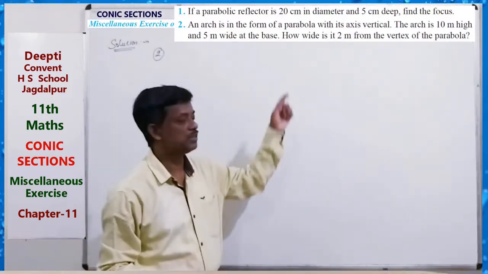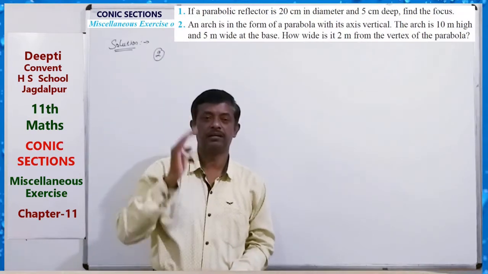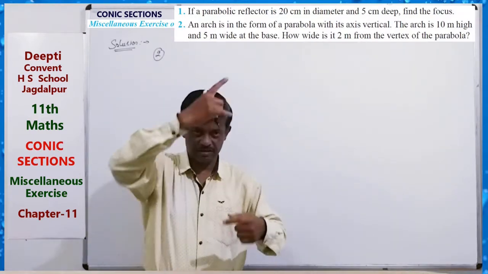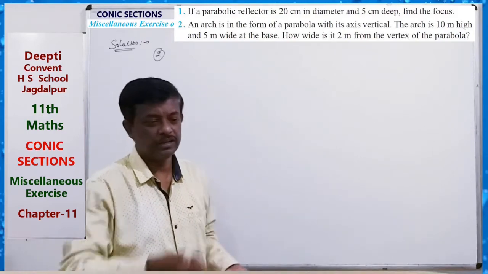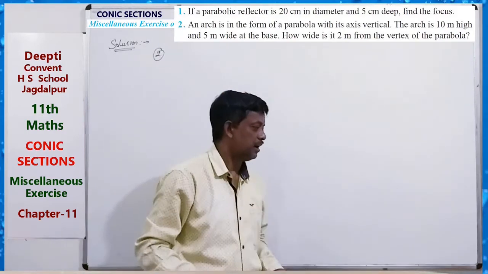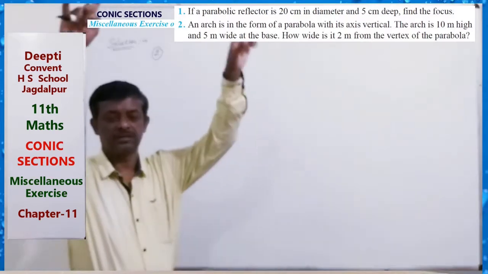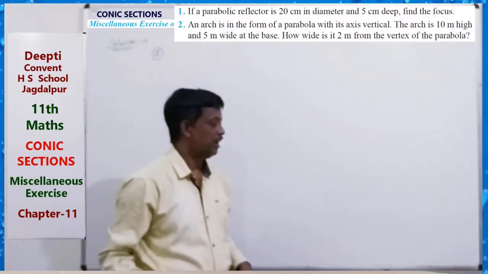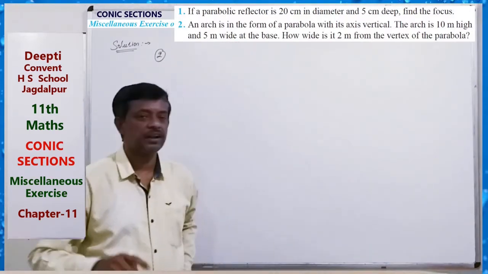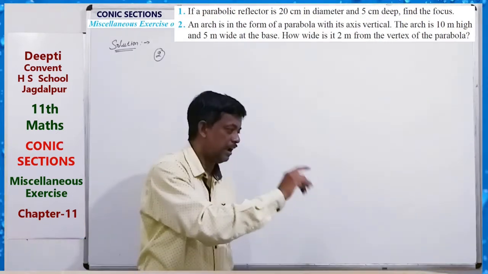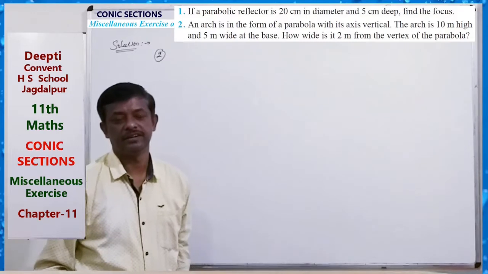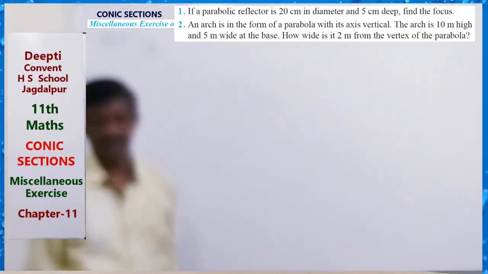Vertical axis means parallel to the y-axis, that is, upward or downward. Suppose it is an upward parabola, and the arc is 10 meter high and 5 meter wide at its base.